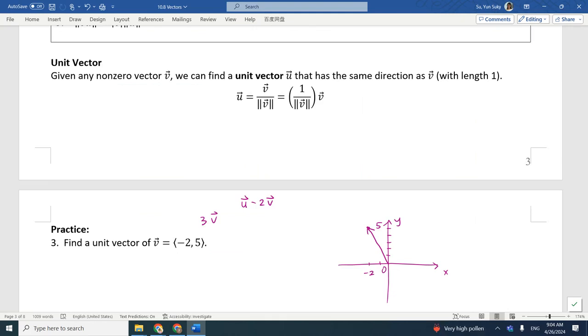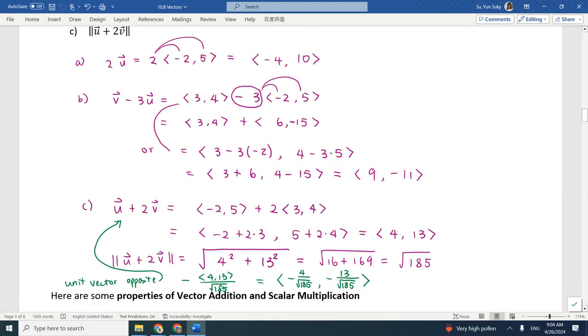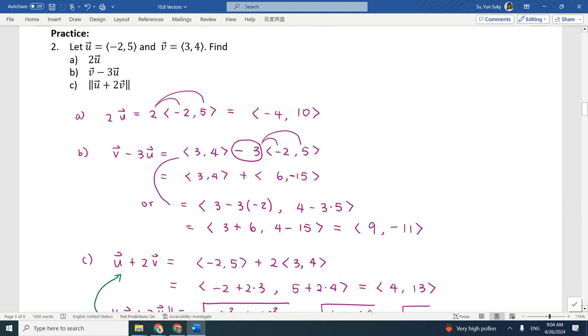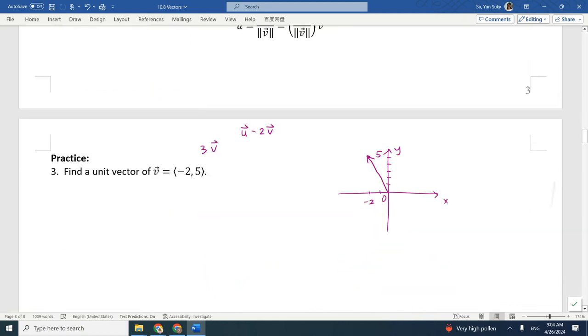Similarly with u minus 2v, after you compute it you get the component form, and once you have it, you can draw the vector on the xy plane.